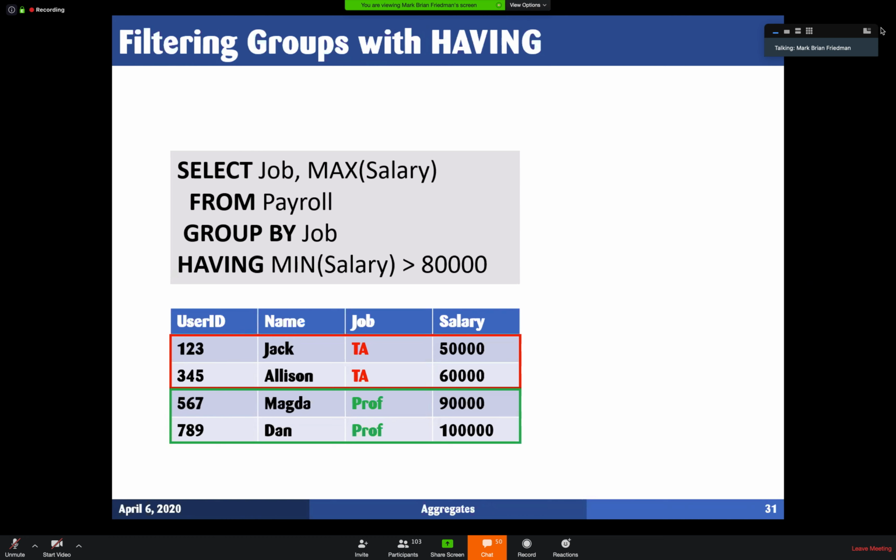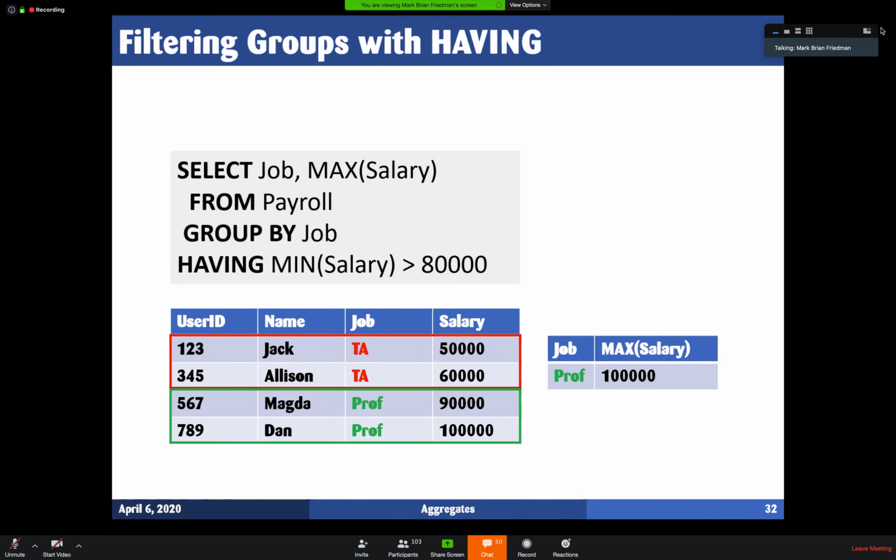So here, having minimum salary greater than 80,000 is going to create a result set where you're only going to get one row, because after you do this grouping, you'll have no rows that have satisfied this having condition. It will give you the right row for this condition, but you'll lose all these because no one in that group will meet that condition.